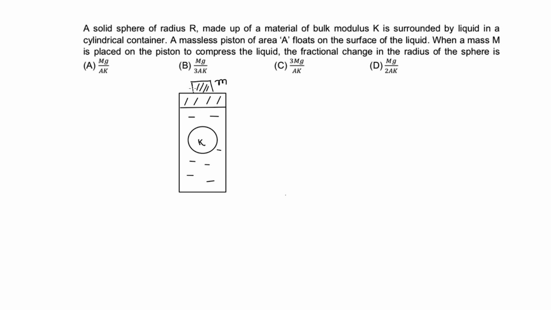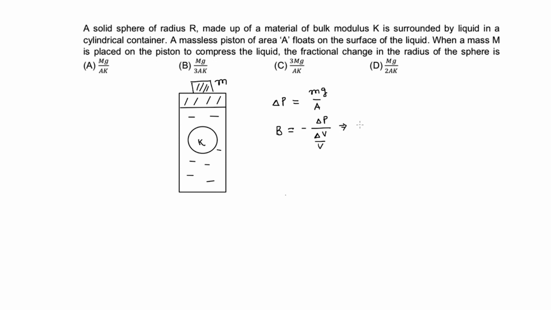So how do we solve this question? Whenever we have placed that mass on the piston, the pressure inside the liquid has increased by this amount delta P, which is given as mg divided by A. From the definition of bulk modulus, delta P divided by delta V by V is the bulk modulus with a negative sign, because volume will decrease as pressure increases.